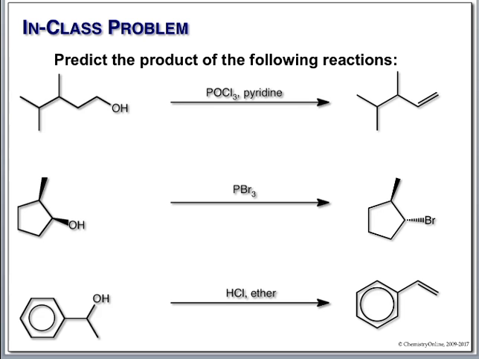I guess I should have read the slide better. This could give us the alkyl halide, but again, since it's a carbocation intermediate, we can also get a parallel E1 elimination, and that's what I've shown you. This won't be on the exam.